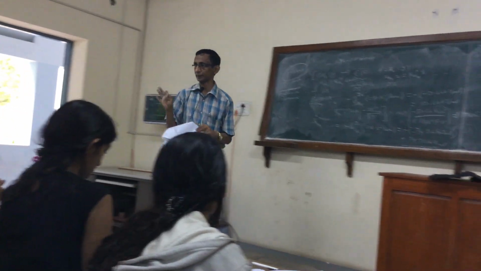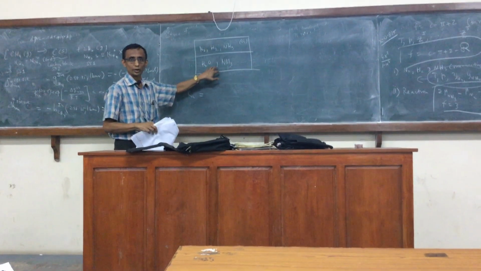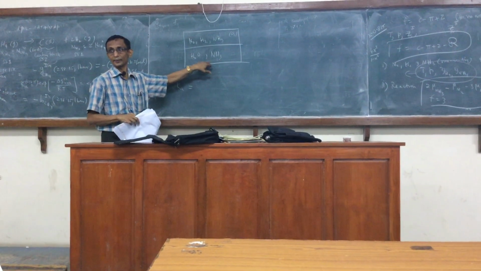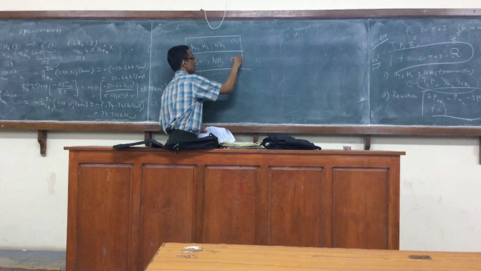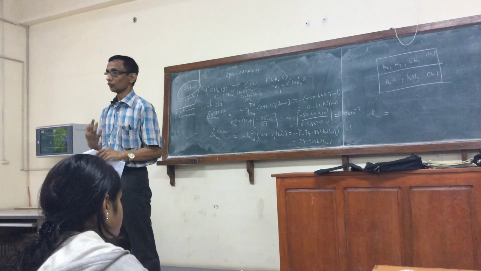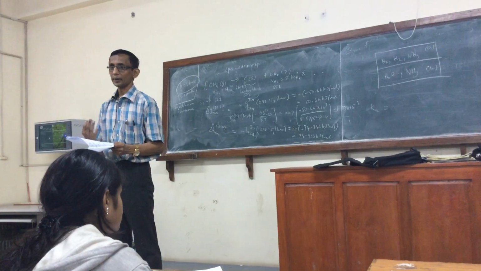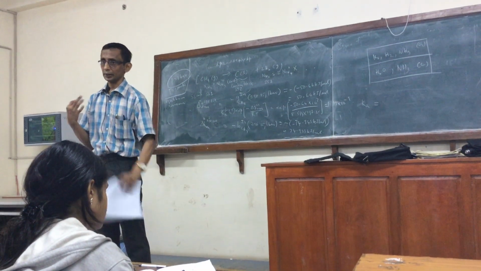So he says neglect that and consider ammonia to be physically absorbed into water, even though that's not quite the case. Right? So we have now two phases. Reaction is taking place in the gas phase, and we have absorption of the ammonia. So now let's look at what are the equations coming from phase and chemical equilibrium.